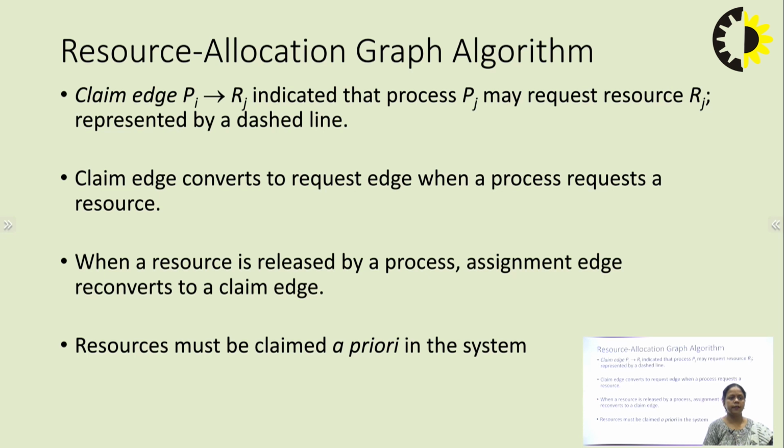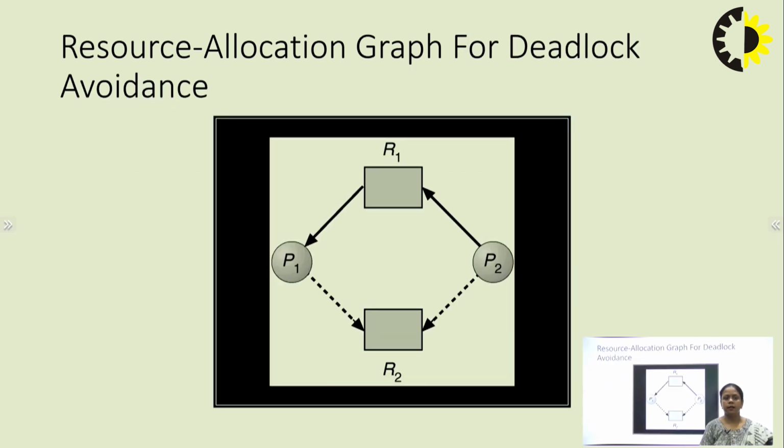You can see this example here. In this case P1 has been allocated R1 and P2 is requesting R1. But you can see there is another resource R2. P1 is not requesting R2 right now. This is the claim edge between R2 and P1 shown by a dashed line.